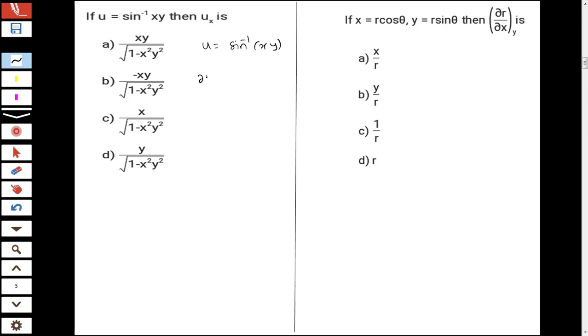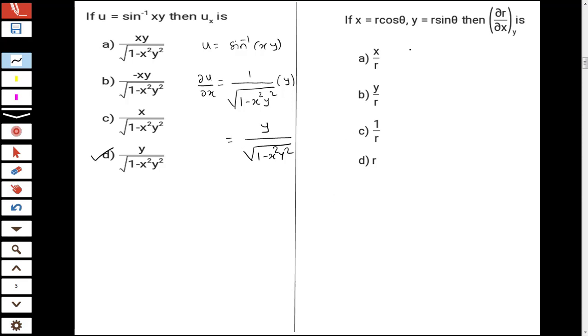So dabba u by dabba x, that is u suffix x, is first the formula for derivative of sin inverse, that is 1 upon under root 1 minus x square y square, you will say xy bracket square, that is x square y square, into derivative of xy with respect to x, y constant is y. It is finally y divided by under root 1 minus x square y square. So answer is option D.